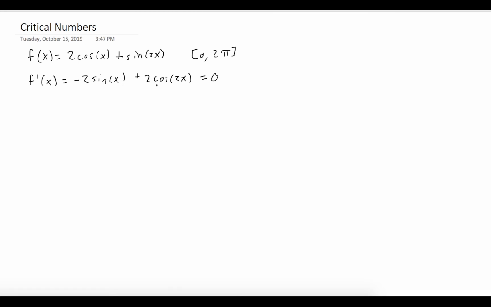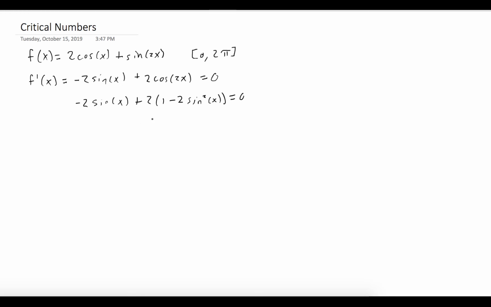So we could use a double angle rule to rewrite cosine of 2x as 1 minus 2 sine squared of x. So really we have negative 2 sine of x plus 2 times 1 minus 2 sine squared of x equals 0.